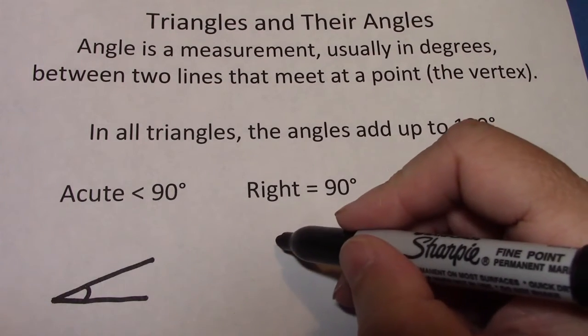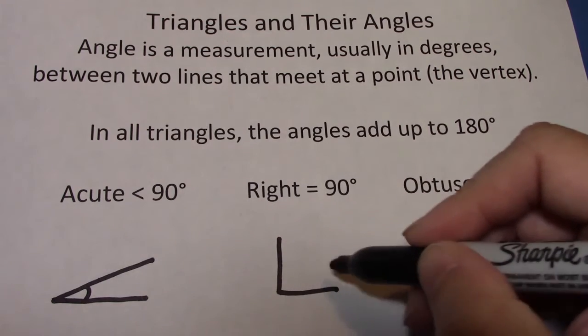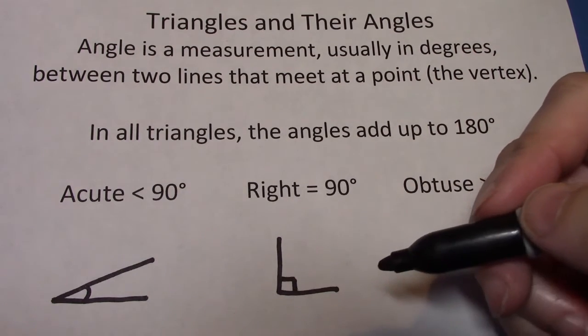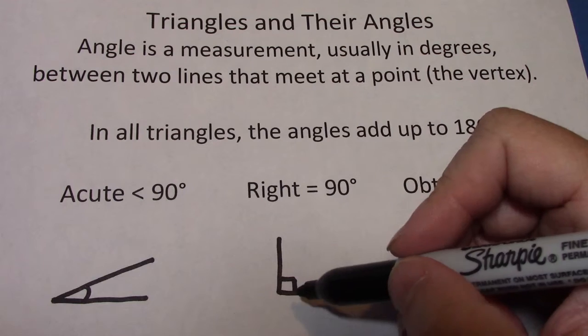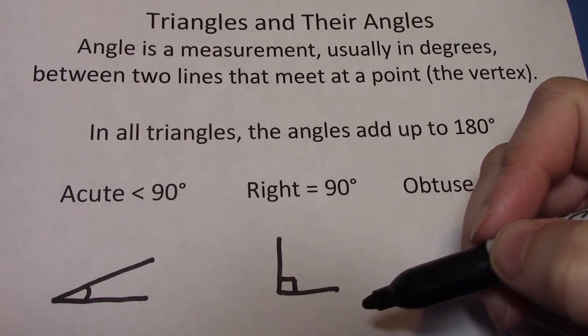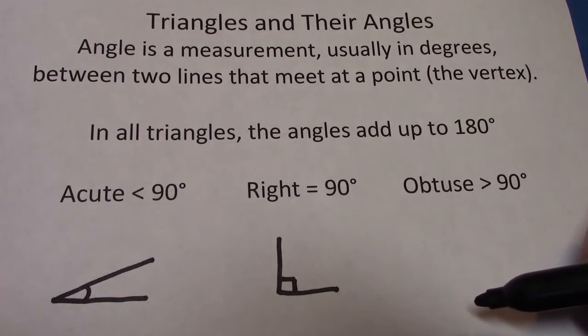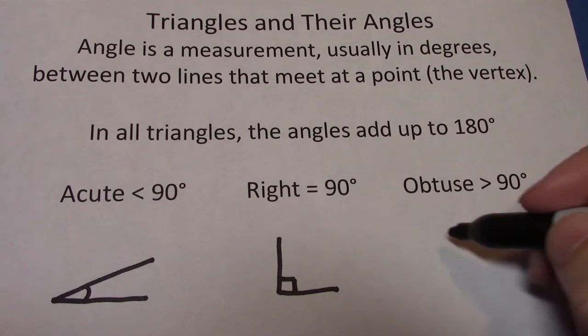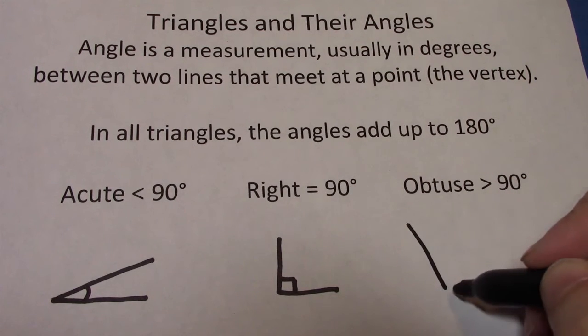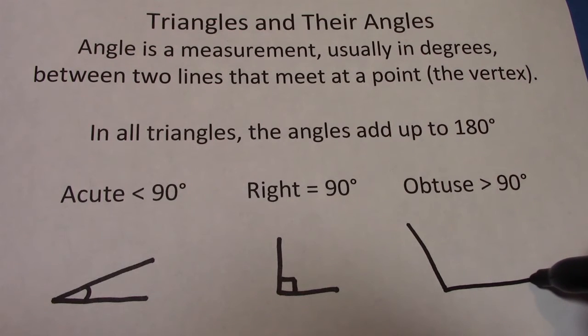A right angle would be exactly 90 degrees, and it's usually indicated by this little square box in the center of it. And an obtuse angle is greater than 90 degrees.